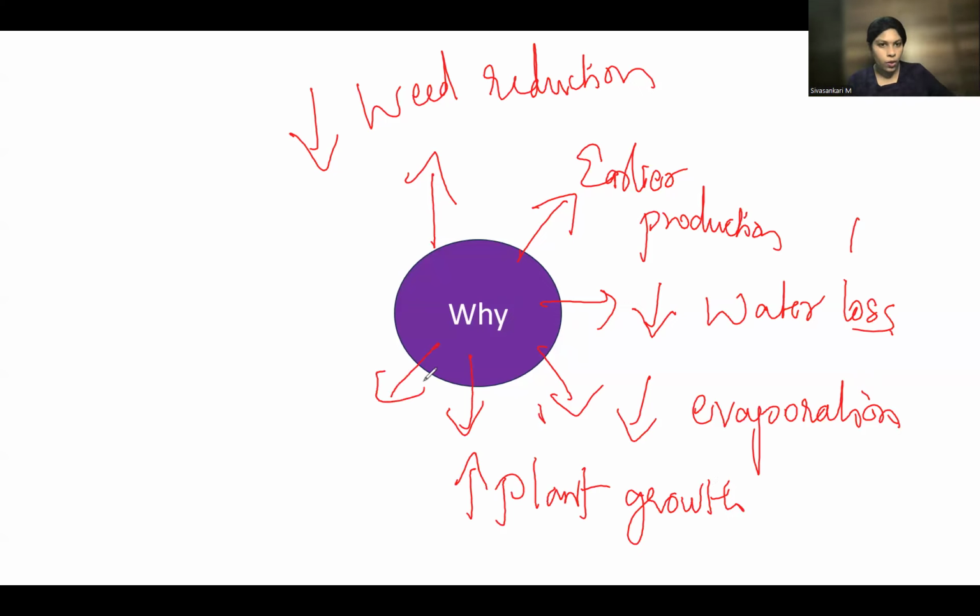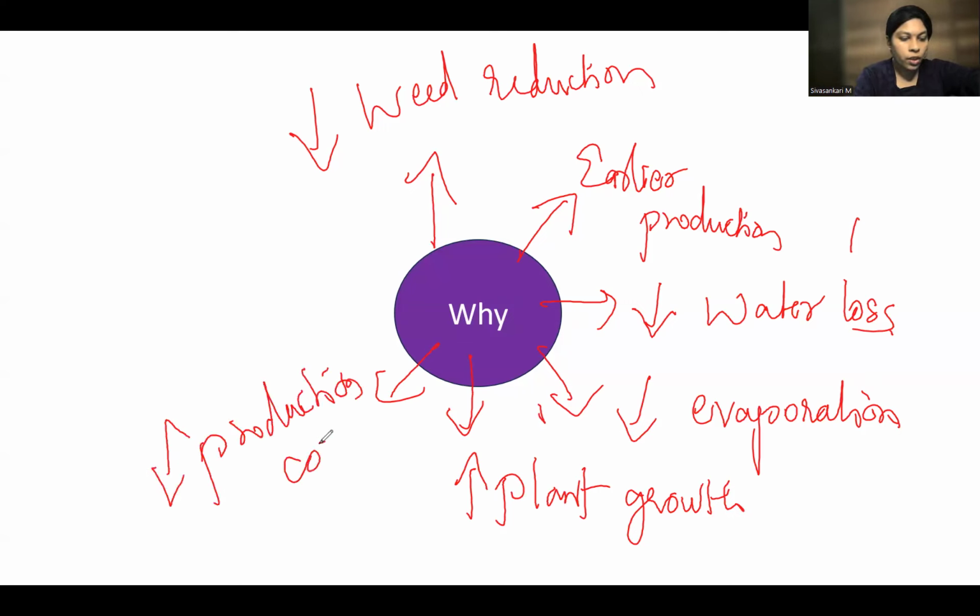That is important because of two things. One, the cost is less compared to straw used as a mulch. Again, it is less labor intensive. You do not need much labor to do all this. Okay, so I can say the production cost is also lower, this is very important. For that only a farmer is going for this. Then I can also mention one more thing. It reduces fertilizer leaching.